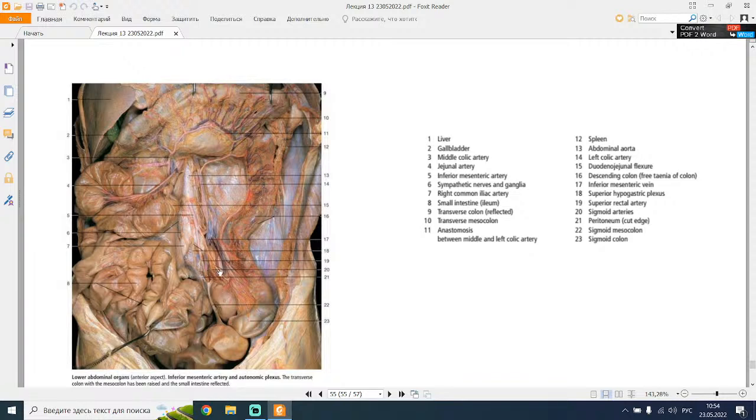This is arteria sigmoidea. This is arteria rectalis superior.